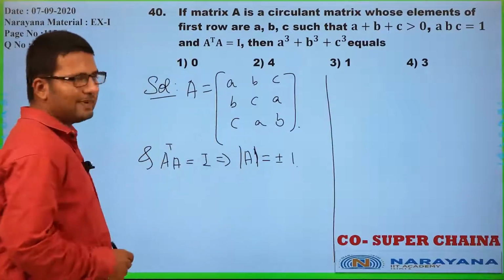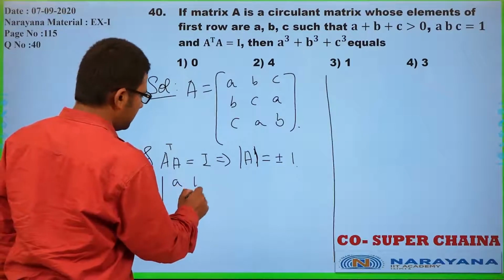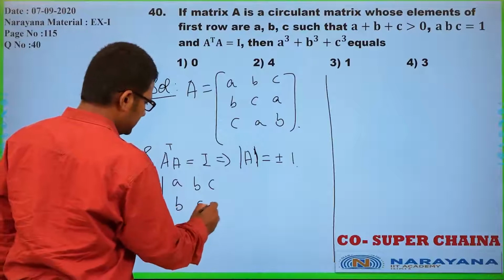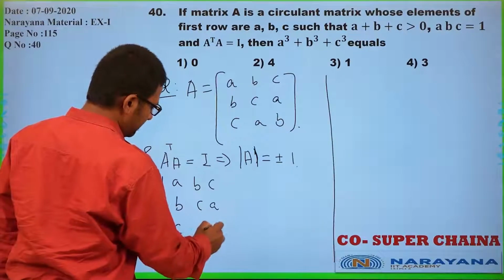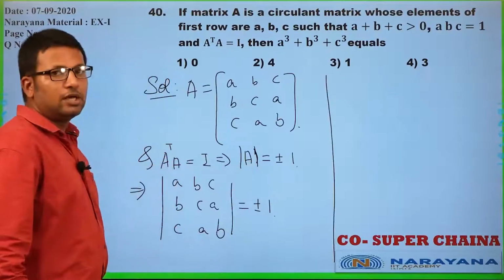So the determinant of a, b, c, b, c, a, c, a, b is equal to plus minus 1.